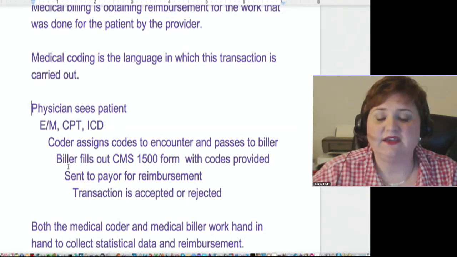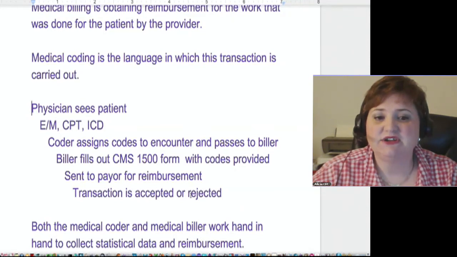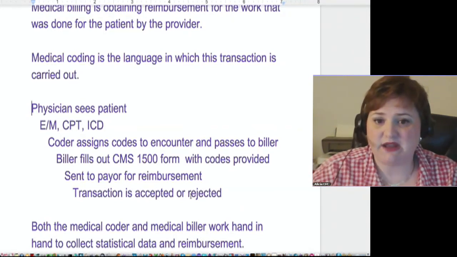The Social Security number didn't match the patient. So then she verifies it and corrects it, and then it's resubmitted back to the payer, and then it's accepted, and then the transaction goes through and the money is submitted.